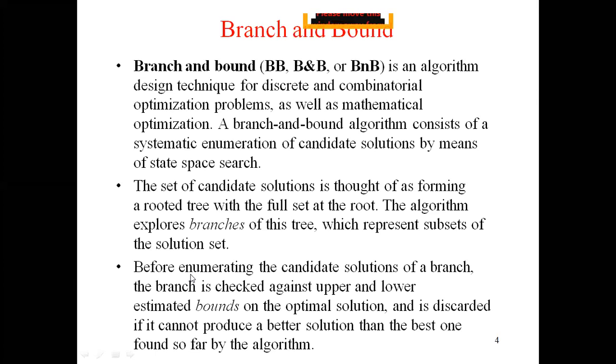Before enumerating the candidate solutions of a branch, the branch is checked against upper and lower estimated bounds on the optimal solution, and is discarded if it cannot produce a better solution than the best one found so far by the algorithm.